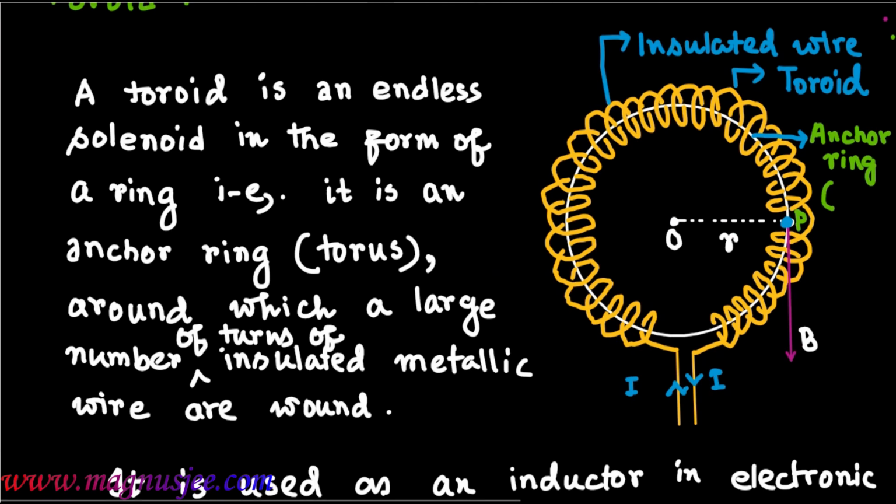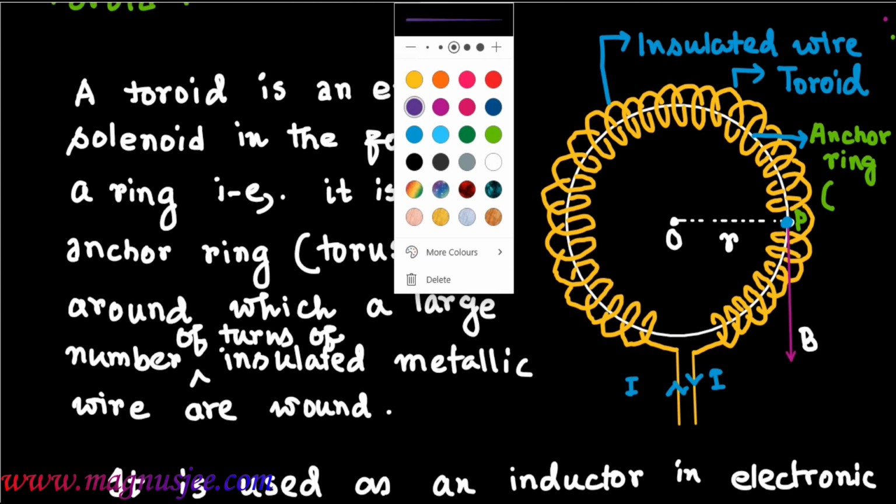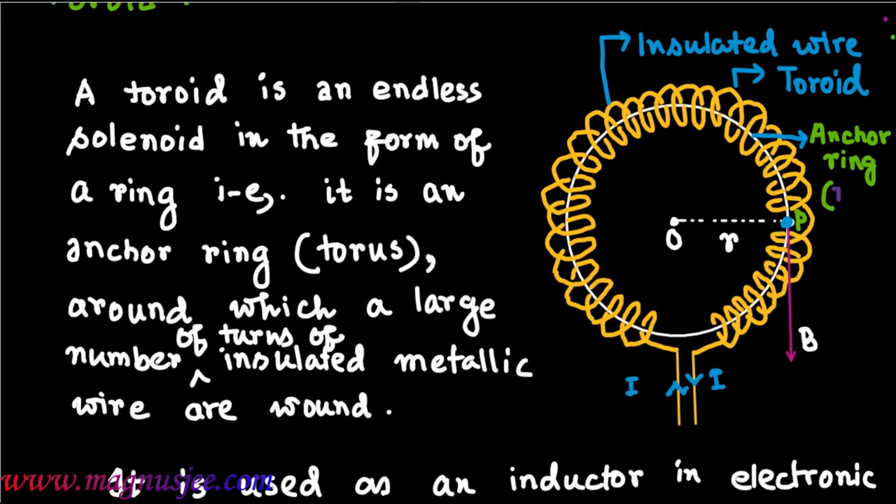This anchor ring on which a large number of turns are wound gives us a ring-shaped solenoid. When a solenoid is bent in the shape of a ring, that is called a toroid. That anchor ring is also known as torus.